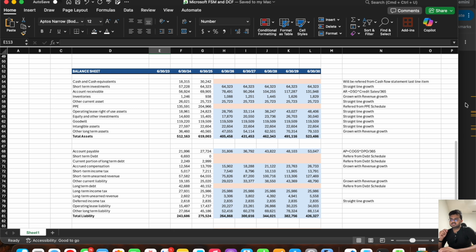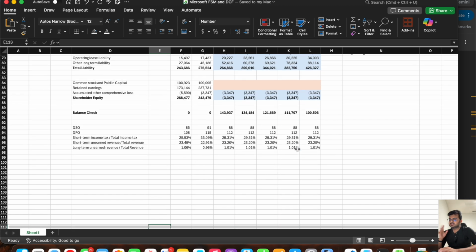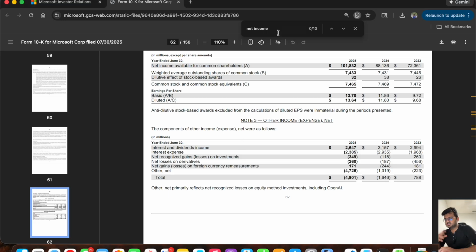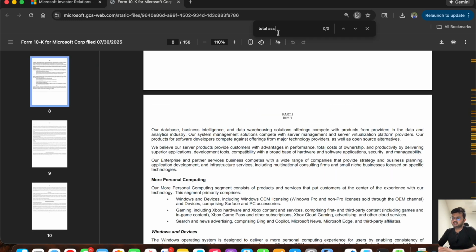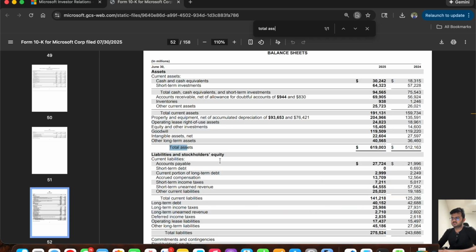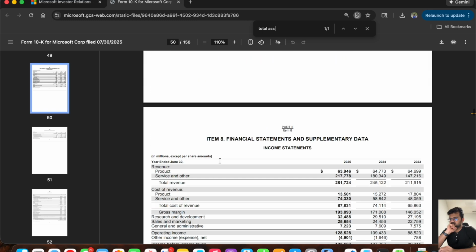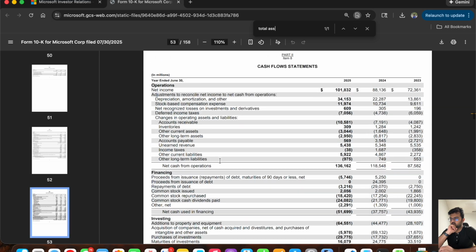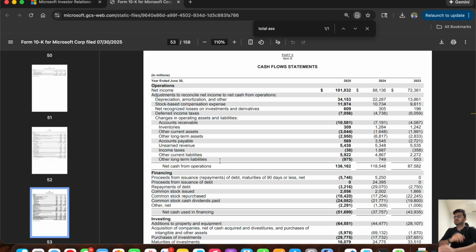So first, let's be sure on how the cash flow statement structure looks like. For that, let's go to the cash flow statement in the most recent 10K. Okay, here it is.